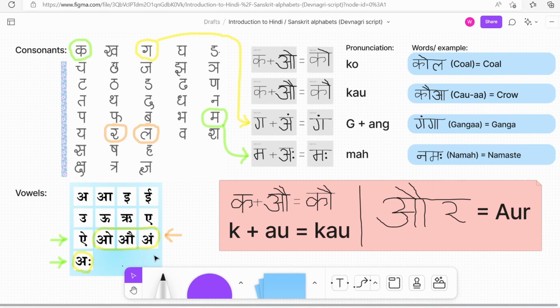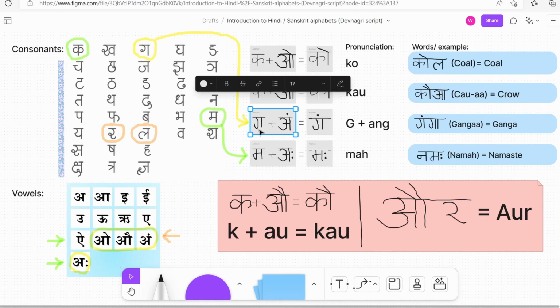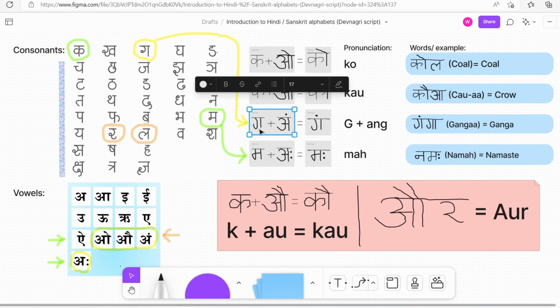Now let's take the example of the third one, which is ang. For example, g plus ang equal gang. An example of this is Ganga.